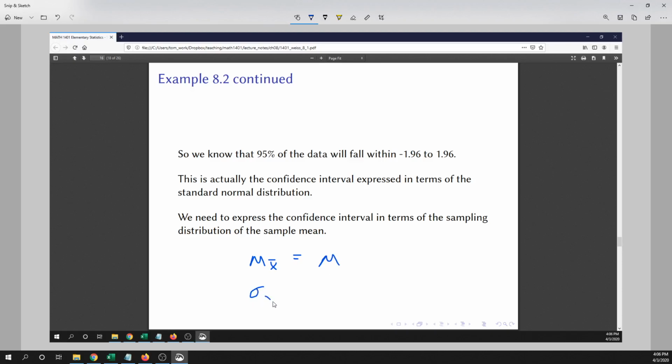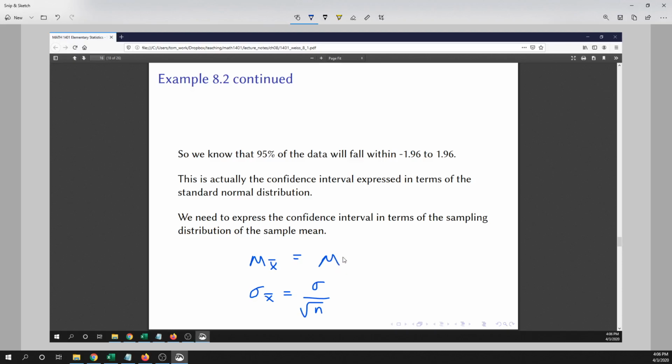And sigma of x bar, the standard deviation of all the sample means, is equal to the population standard deviation divided by the square root of the sample size. So we'll need to figure out what these are.